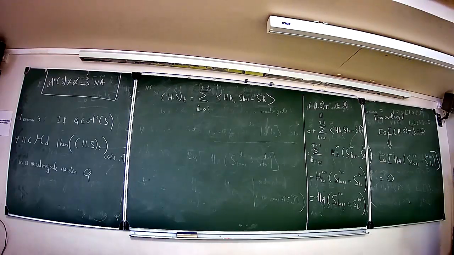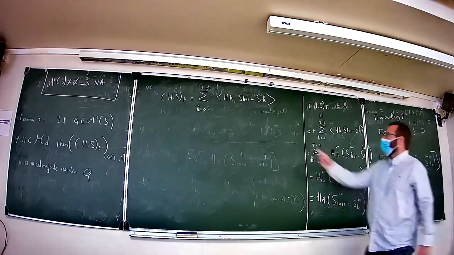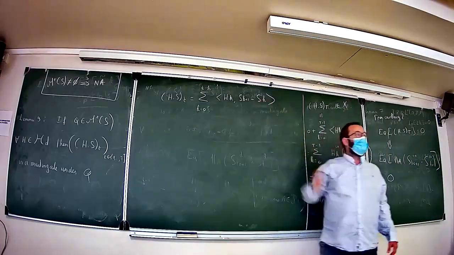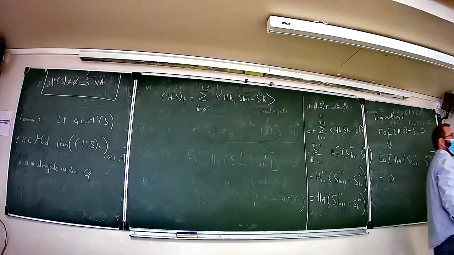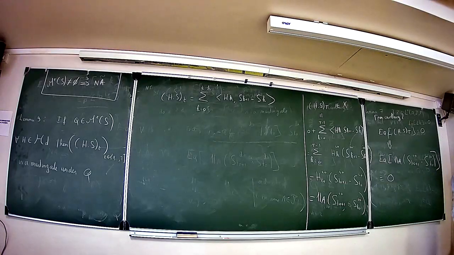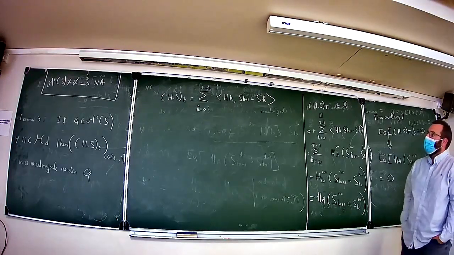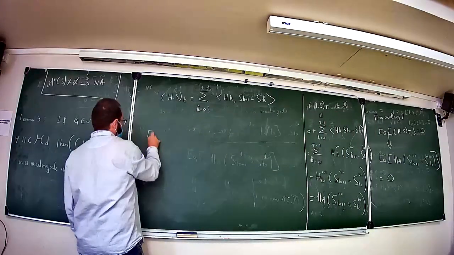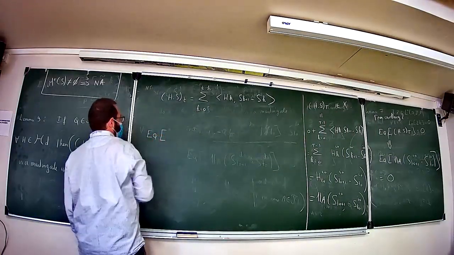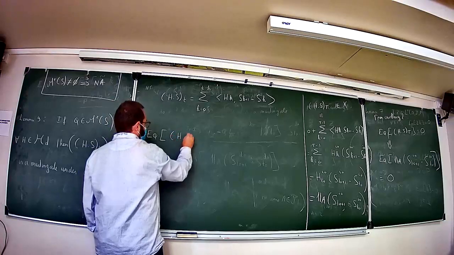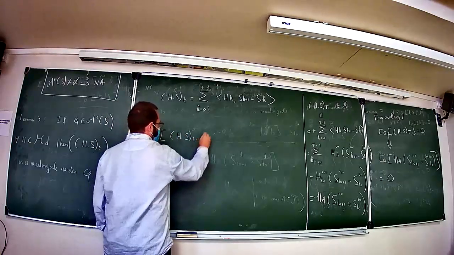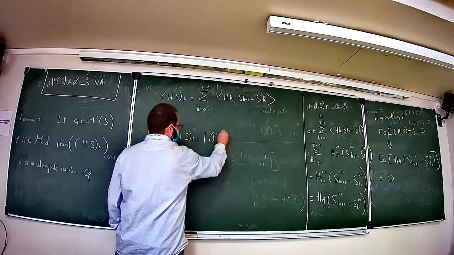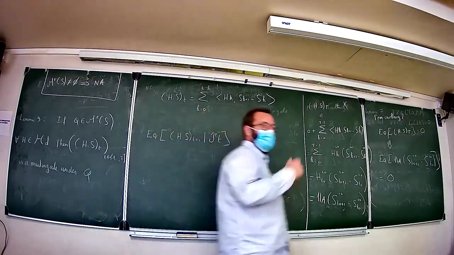How to prove this? It's not that complicated to prove this. My hypothesis is that here Sk is a martingale under Q. If I want to prove that I have a martingale, I am interested in the expectation under Q, for example, of HS T plus 1 given Ft.